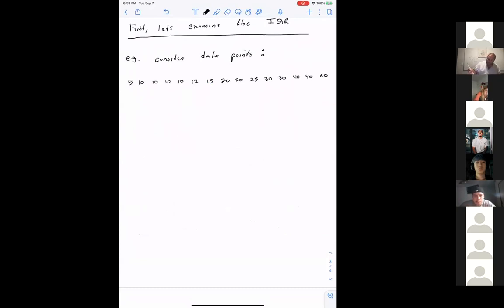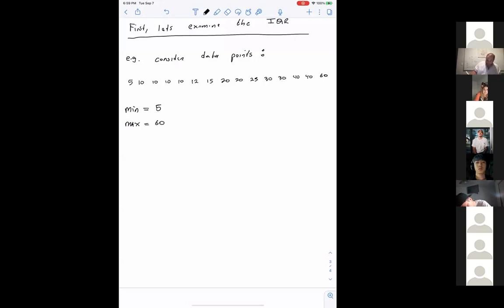So first, some obvious values. What is the minimum of the data collection? What's the minimum value? 5. 5, that's a no-brainer. What is the maximum of the data collection? 60.